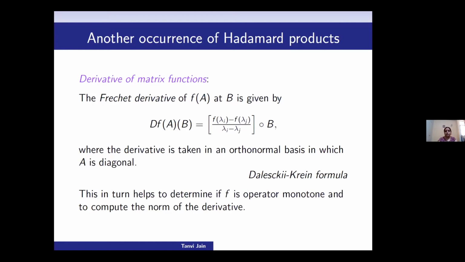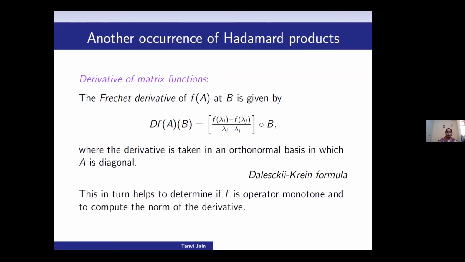Now see, we calculate this in the orthonormal basis when A is diagonal. That means we are talking of U* D U, so we are changing the basis. But if you spend 2 minutes or so, you'll see that it doesn't really affect anything, because in the expression it just introduces some congruences by U, nothing more than that.